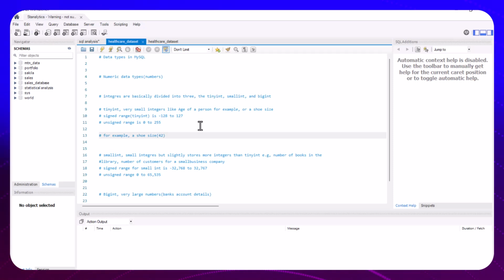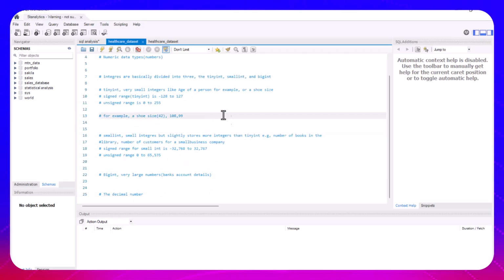For a shoe size, in some cases it can be 42.5, but I'm just being realistic, and in most cases you also have whole-numbered shoe sizes. So a shoe size of 42, or a person's age of, let's say, 108 years old or 99 years of age, can be stored using a tiny integer. I'll be using a tiny integer.